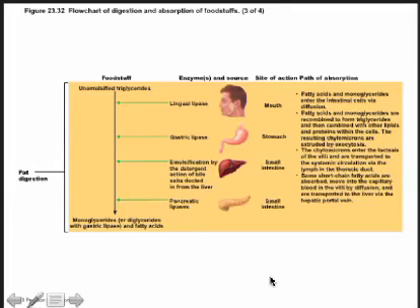And so, again, this is just showing you the different accessory organs of digestion and their role in the breakdown of fat. So you've got lingual lipase from the salivary glands, gastric lipase from the lining of the stomach, the bile salts, which of course emulsify the fat droplets. The bile salts are manufactured in the liver and stored in the gallbladder.